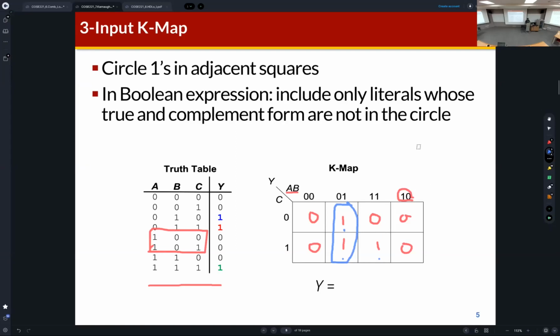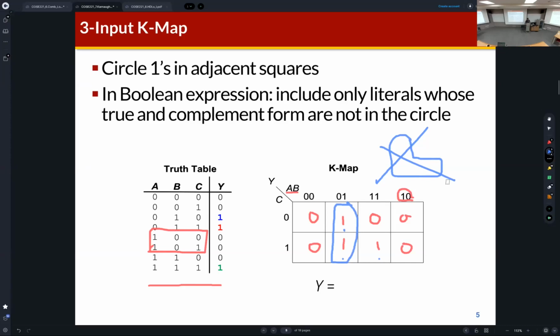We cannot group ones like this. Okay, it's not allowed. Each group can include a number of elements that is a power of 2, which means 1, 2, 4, 8, not 3. 3 is not allowed. So each group needs to include 1 element or 2 elements or 4 elements like that.